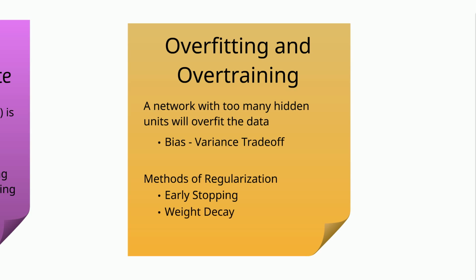The next thing that we can do is called weight decay. Weight decay is simply adding a penalty to the error function. In weight decay, lambda is going to be our tuning parameter. Large values of lambda will tend to shrink the weights towards zero, or smaller values won't shrink the weights as much.